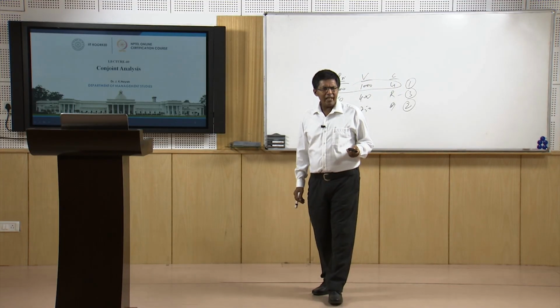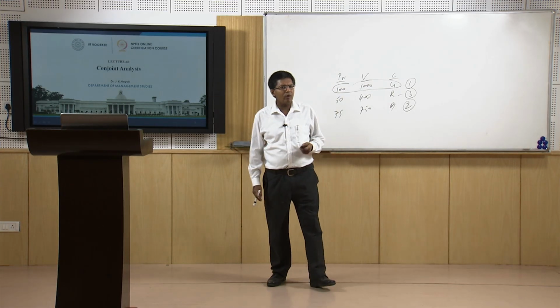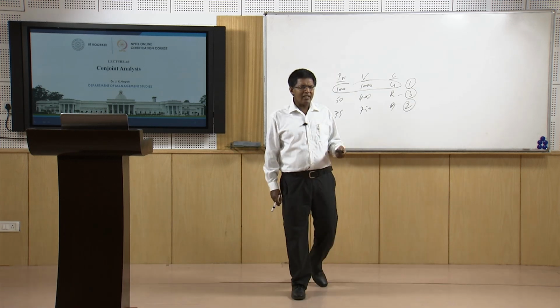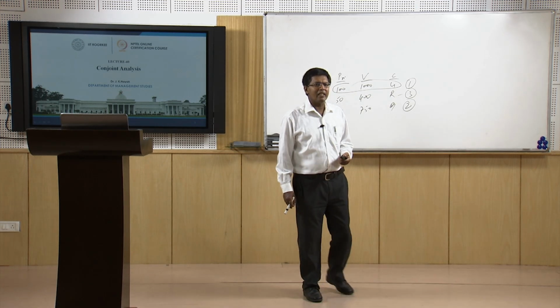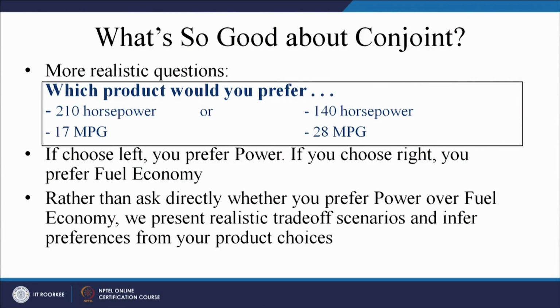So, on the basis of this marketers can identify what customers want and accordingly place their products. Rather than ask directly whether you would prefer power over fuel economy, we present realistic trade-off scenarios and infer preferences about the product choices of the respondents.